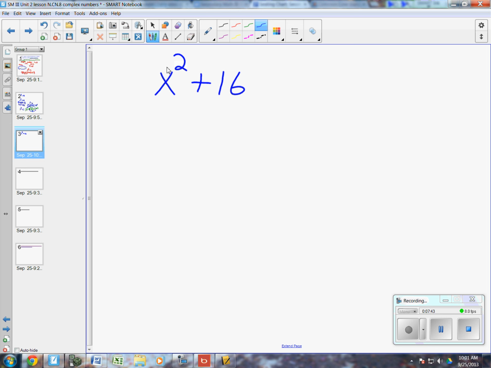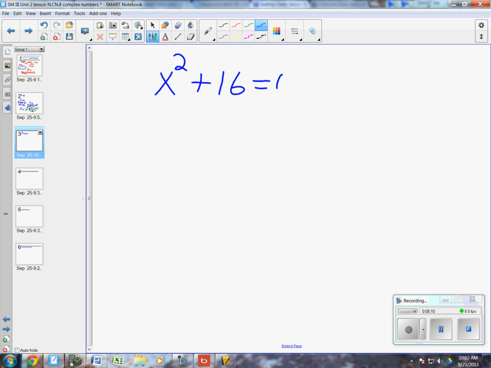Okay. Now, what's different about this problem than x squared minus 16? Well, yeah, you got a plus instead of a minus, right? Okay, that's the difference. Now, is it possible to factor a sum of two squares and get real numbers? Think about this.